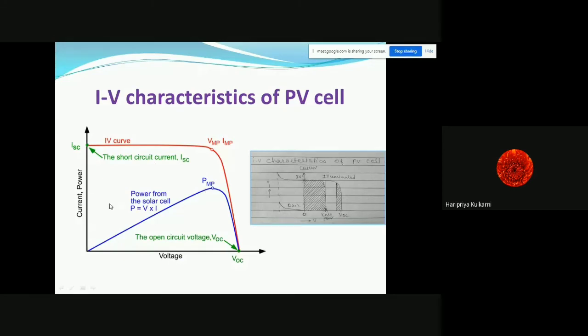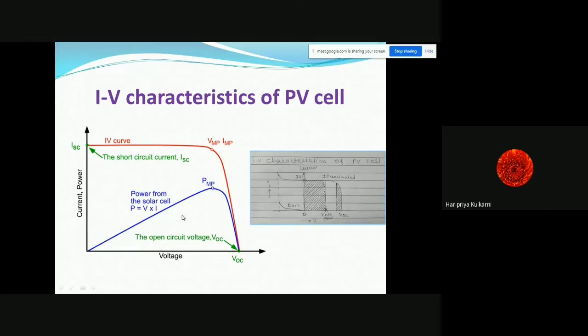Okay. So similar characteristics I have shown here along with the power. Now you can see this red line shows the IV characteristics, wherein this is the short circuit current which we have studied. This is VOC, open circuit voltage. This is the knee operating point where you get the maximum amount of voltage and current, and the corresponding power I have shown with a blue line, which is the product of voltage and current.